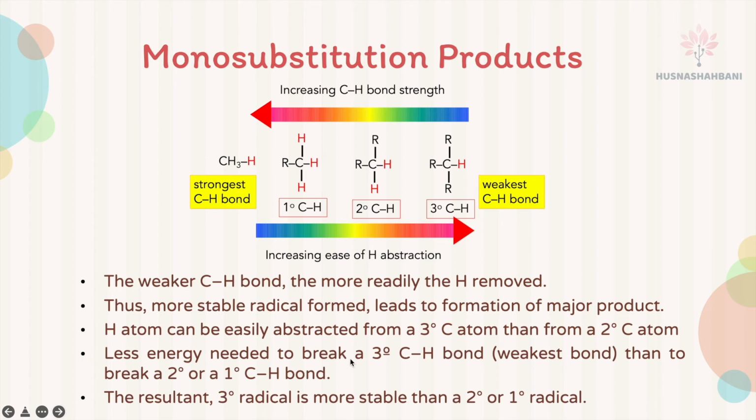Less energy is needed to break the tertiary carbon-hydrogen bond compared to the primary and secondary. The resultant tertiary radical is more stable than the secondary and primary.